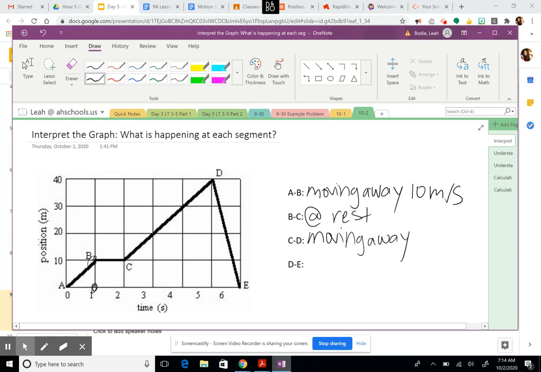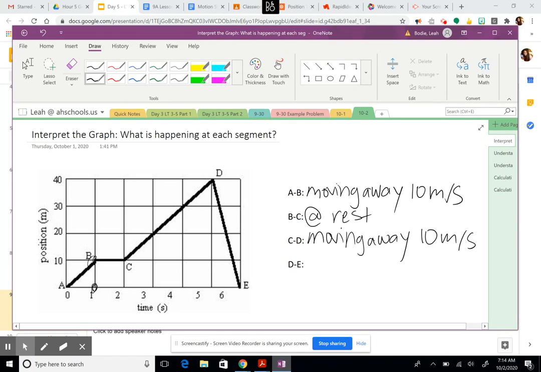And we are able to calculate the speed again. Our distance is 30 meters. We went from 10 to 40 meters, so that's 30 meters. And our time, we went from 2 seconds to 5 seconds, so that's 3 seconds. So 30 divided by 3 is 10 meters per second.